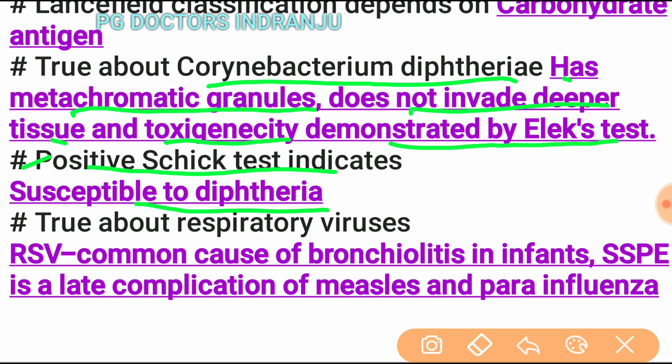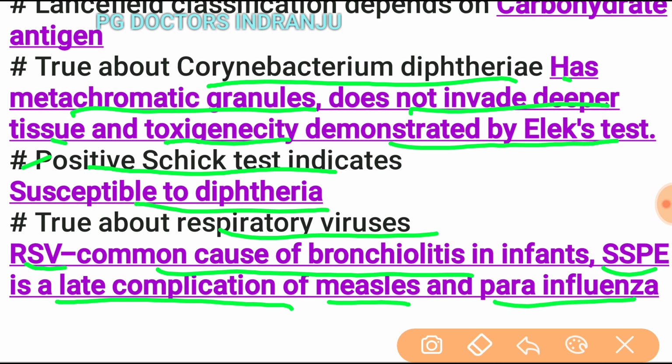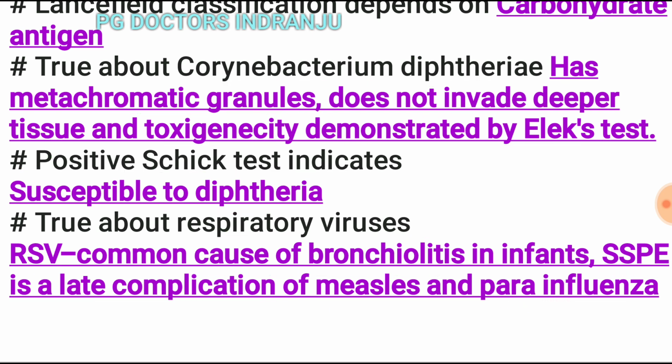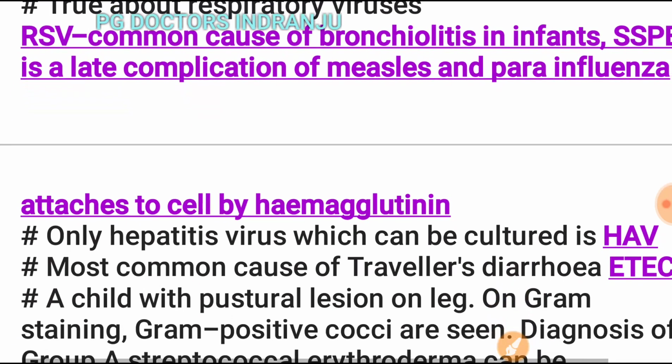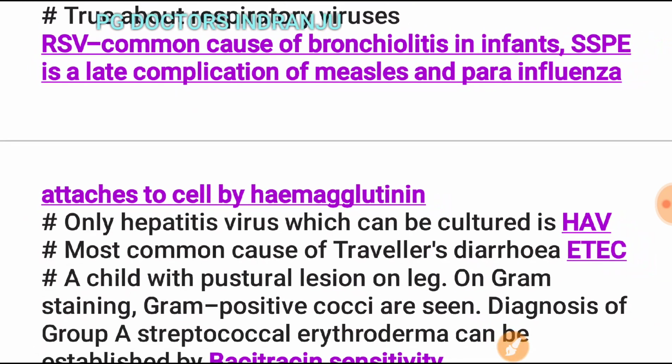True about respiratory viruses: respiratory syncytial virus is a common cause of bronchiolitis in infants. SSPE is a late complication of measles and parainfluenza. Thanks friends, this is very important.